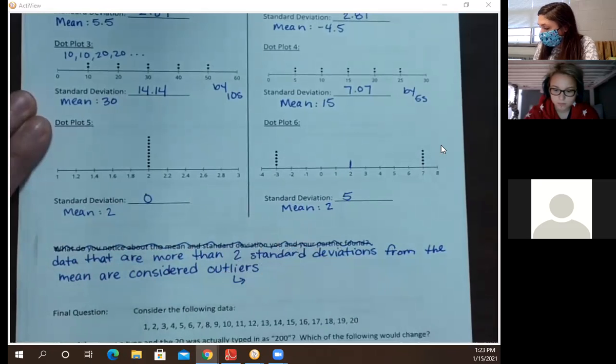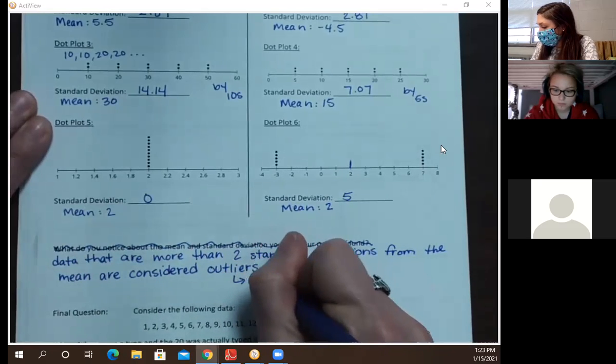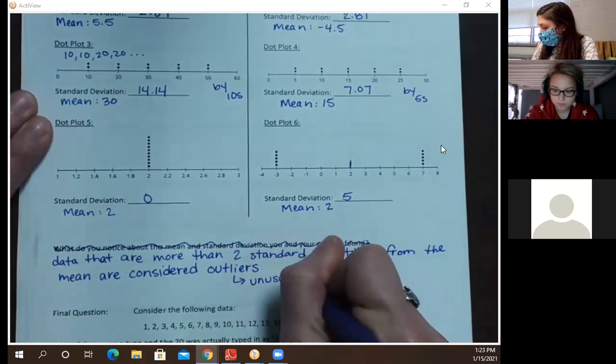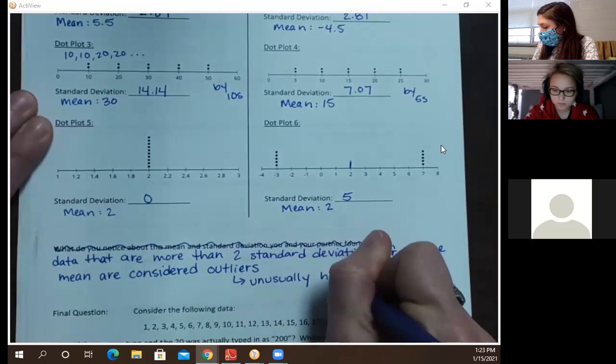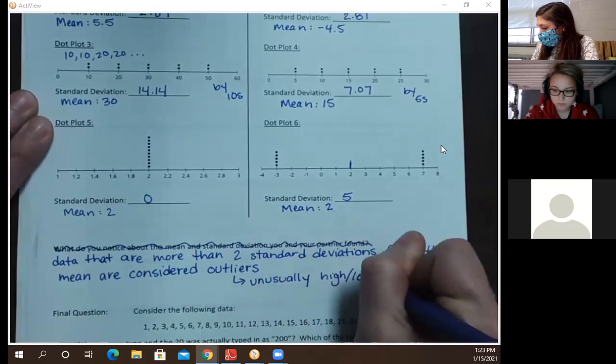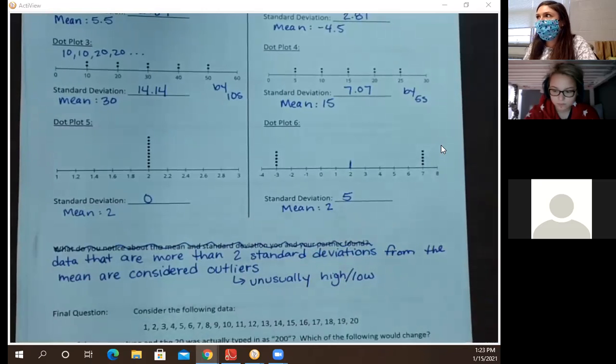Outliers would be values that are unusually high or low. They're kind of outside that realm of what I would expect. Data that are more than 2 standard deviations from the mean are considered outliers, which means they are unusually high or unusually low.